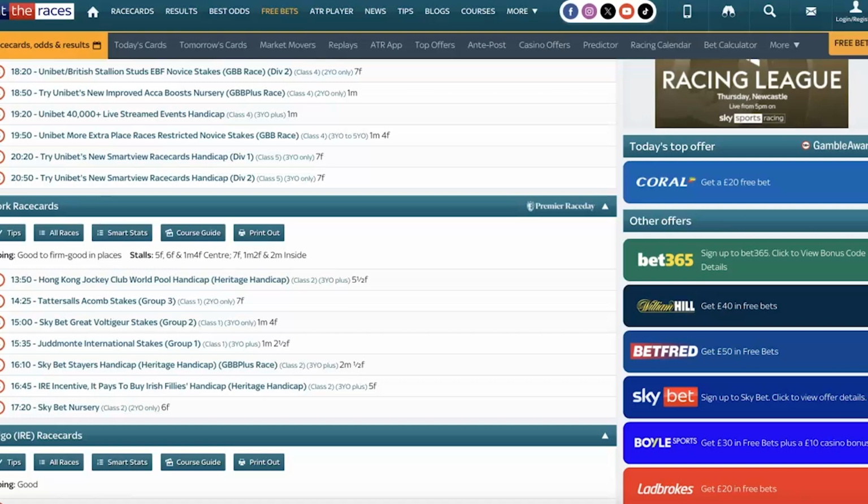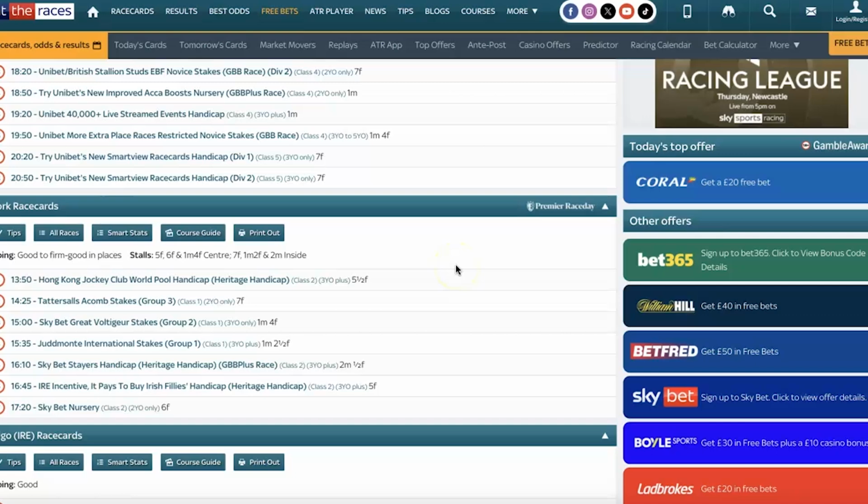So obviously we've got York coming up, as I previously mentioned, and you can see here by using At The Races today, you can see the classifications of the races listed on each of the 7 races that are taking place at York tomorrow. So we've got obviously a handicap, we've got a Group 3 contest followed by a Group 2 and a Group 1, and then we round the card off with 2 handicaps and a nursery as well.